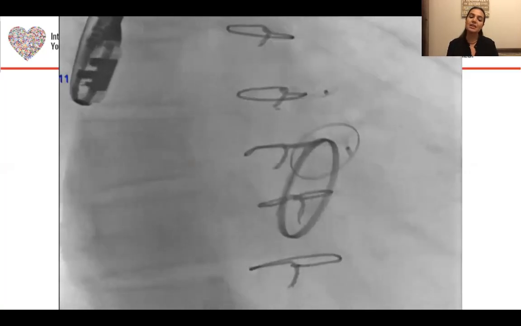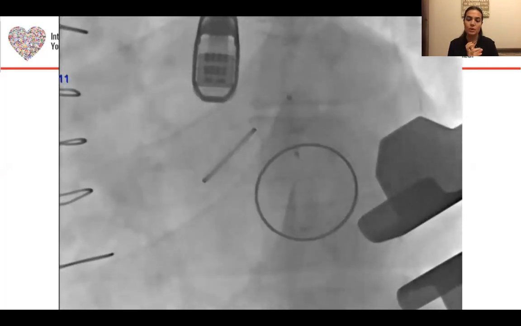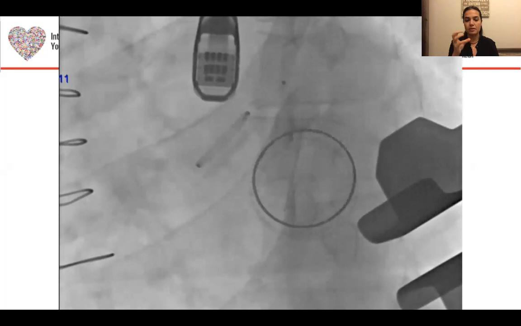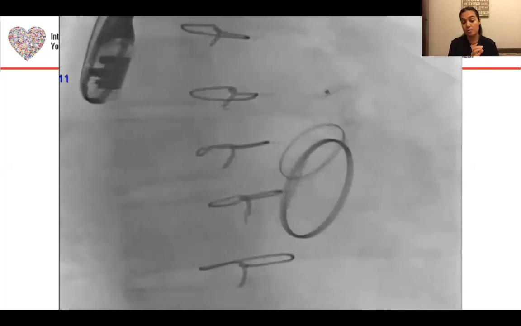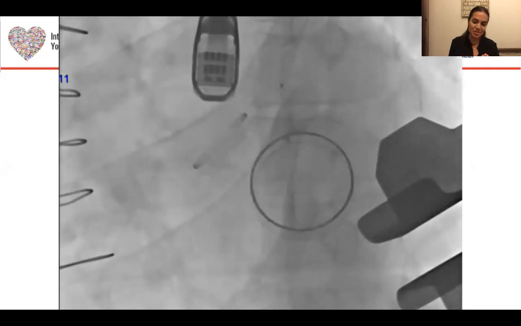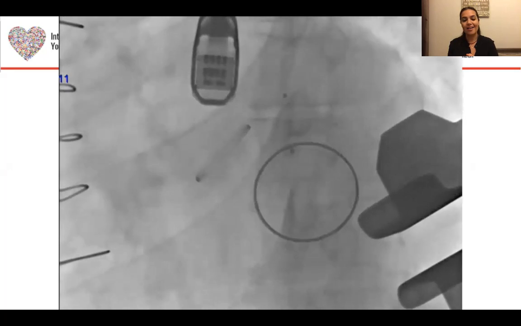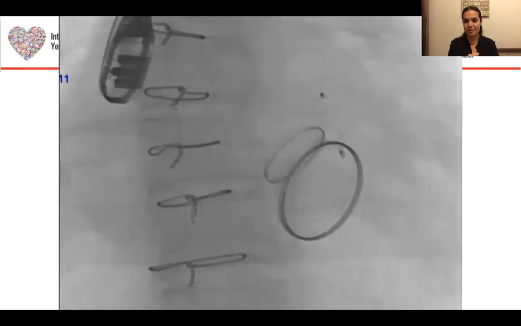But then when they changed their position, we can easily understand that the device is just near the mitral valve. So both the imager and the operator were very happy at the end.